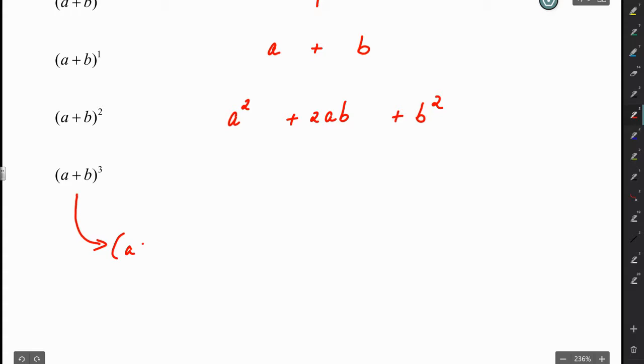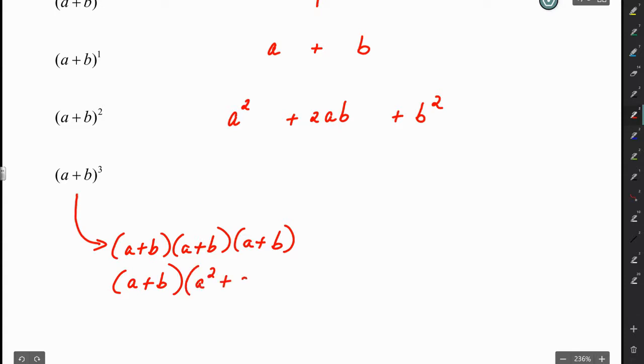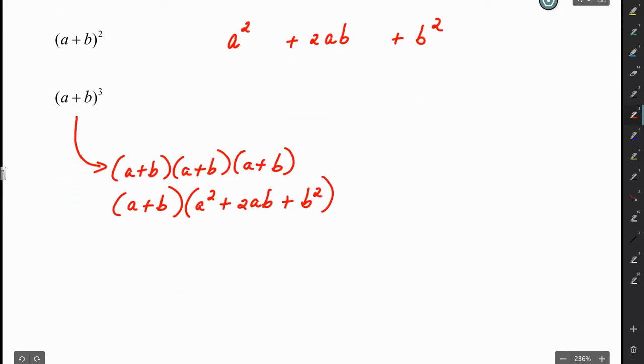So we know that this means a plus b times a plus b times a plus b. So we have a plus b times a squared plus 2ab plus b squared. And we're going to distribute a to every term and b to every term. I'm going to use my column method to do that.